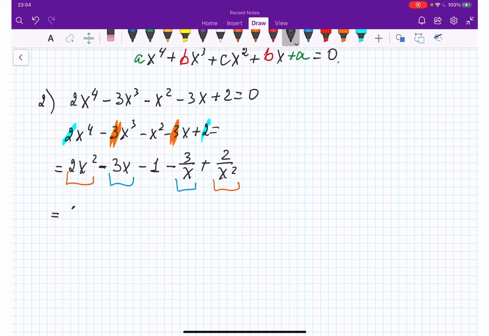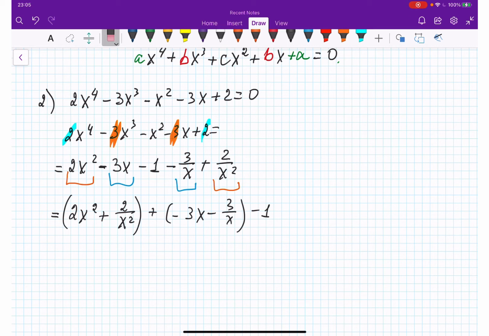We're going to get 2x squared plus 2 over x squared, plus negative 3x minus 3 over x, and minus 1. This 1 is going to hang around like a zombie, it doesn't have any pair.